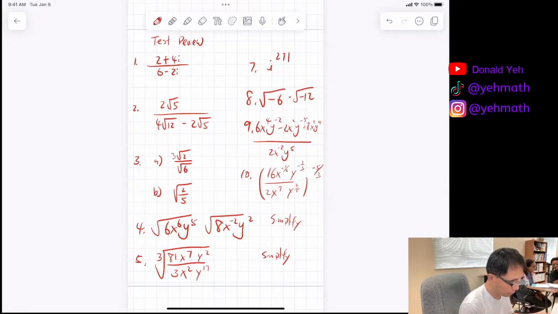You know how you got i squared here, right? i squared is going to be negative 1, so you do 8 times negative 1. And now at the top it's just easy distribution, and you split it up. That's the part I always forget, to split up. And then same thing with the bottom.